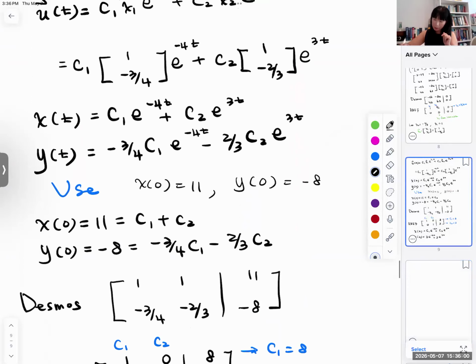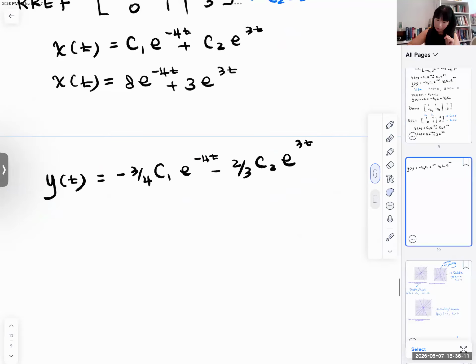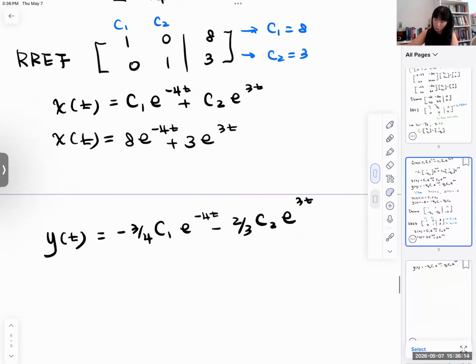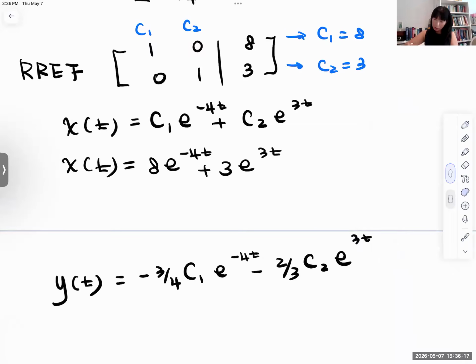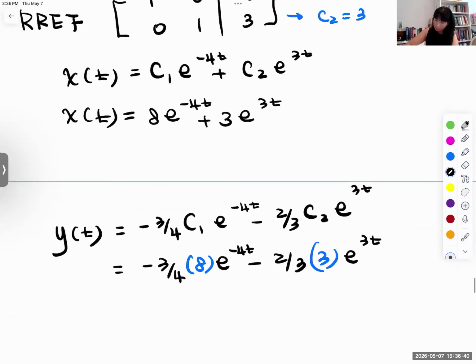So we have y of t equal to -3 over 4, system 1, which is 8, e to the -4t, minus 2/3, system 2, which is -3, e to the -3t, right?